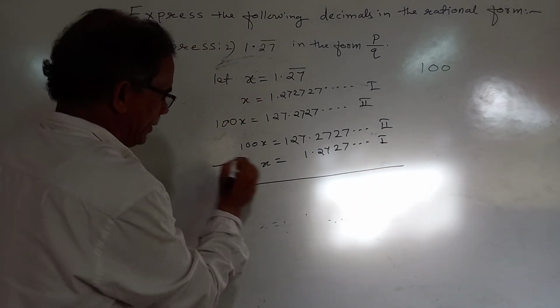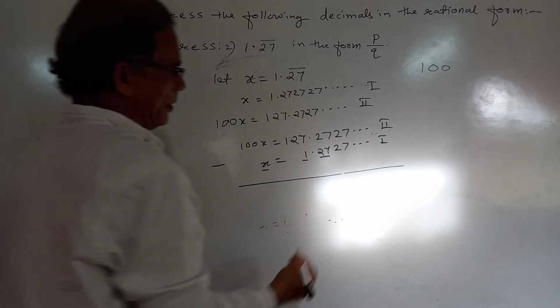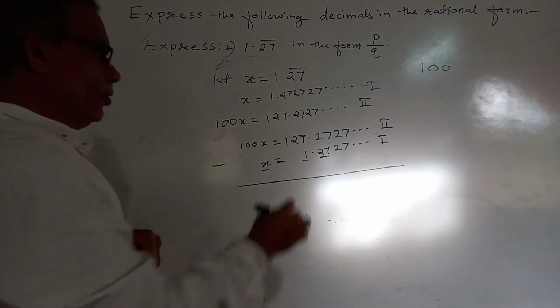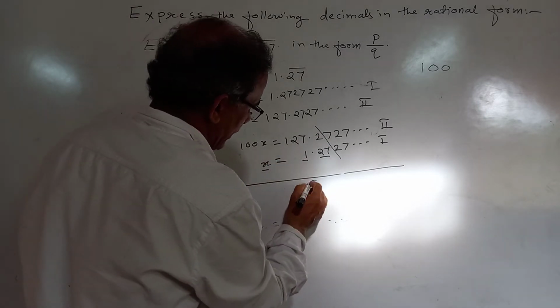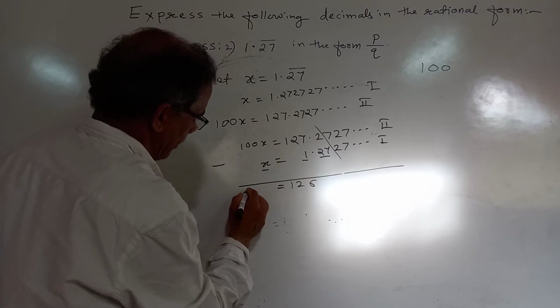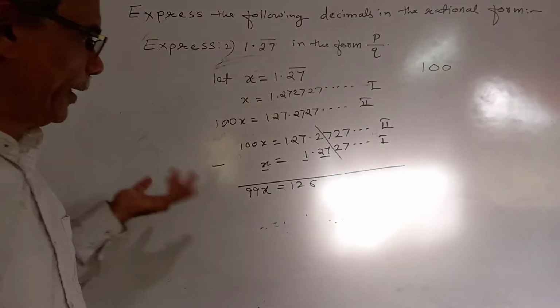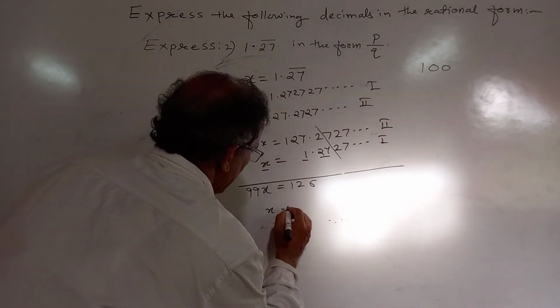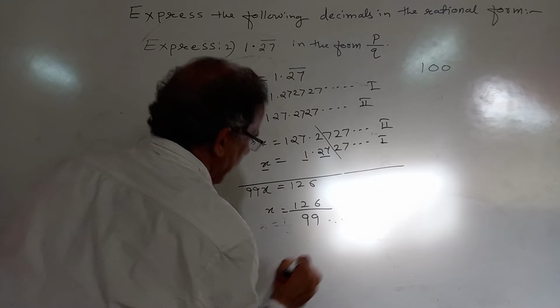Put minus here, this becomes minus, this part also becomes minus, so that will get cancelled. So 127 minus 1 is 126, and here 99x. Now we can find that. So x is equal to 126 upon 99.